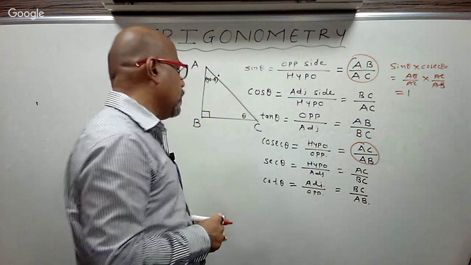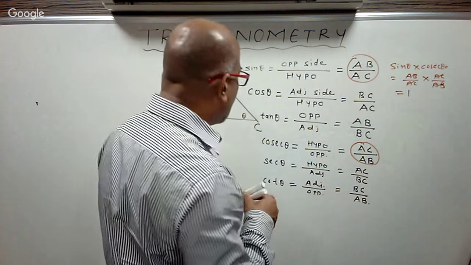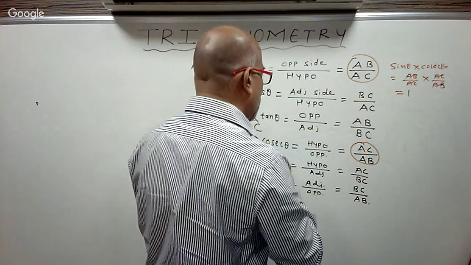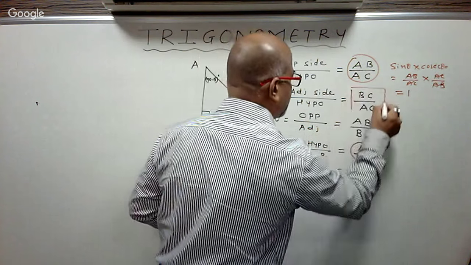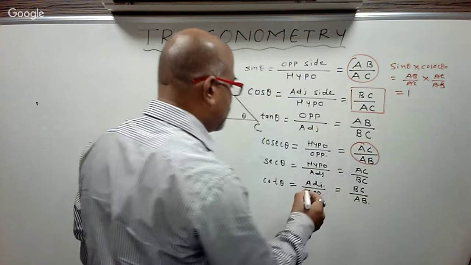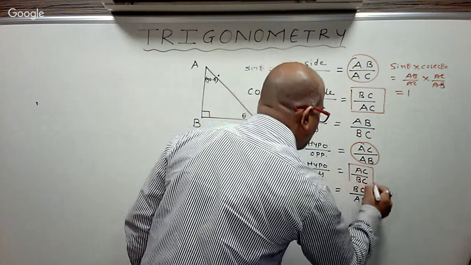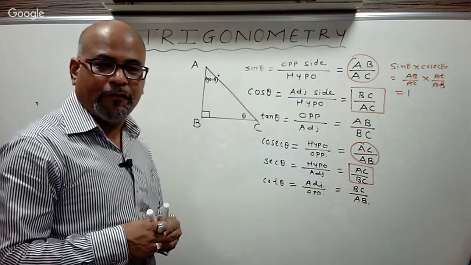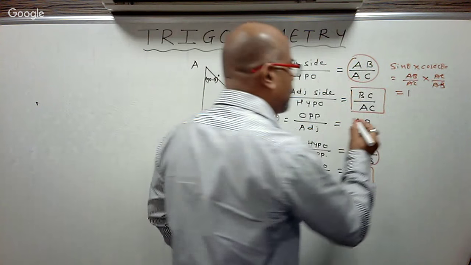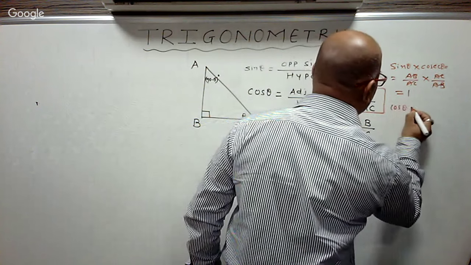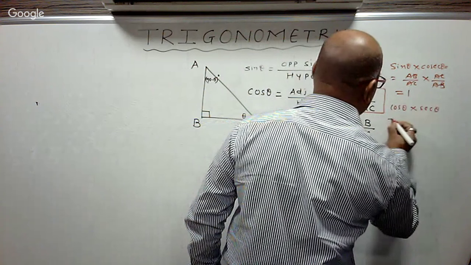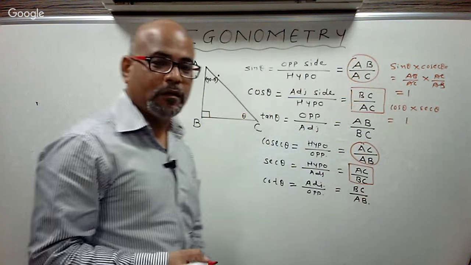Now again, cos theta is BC upon AC and sec theta is AC upon BC. They are also reciprocal of each other. Therefore, if I multiply cos theta with sec theta, I get the same answer, 1.